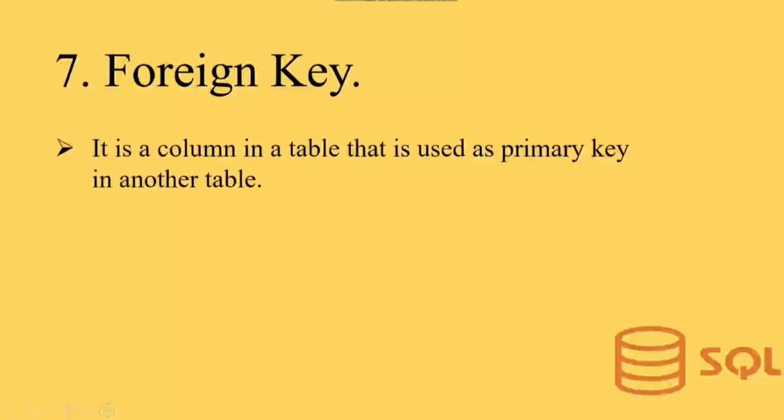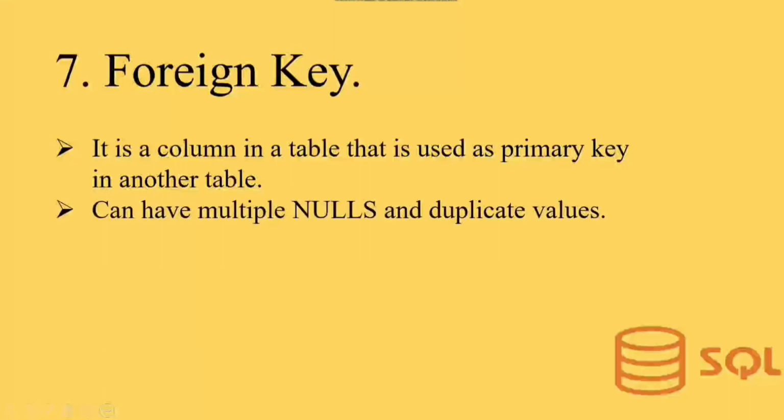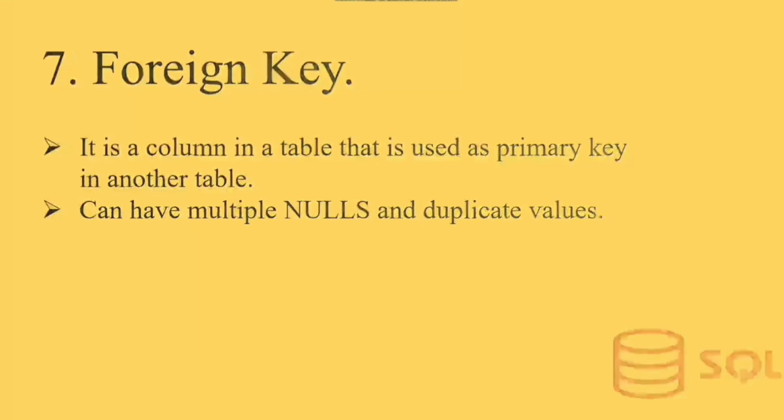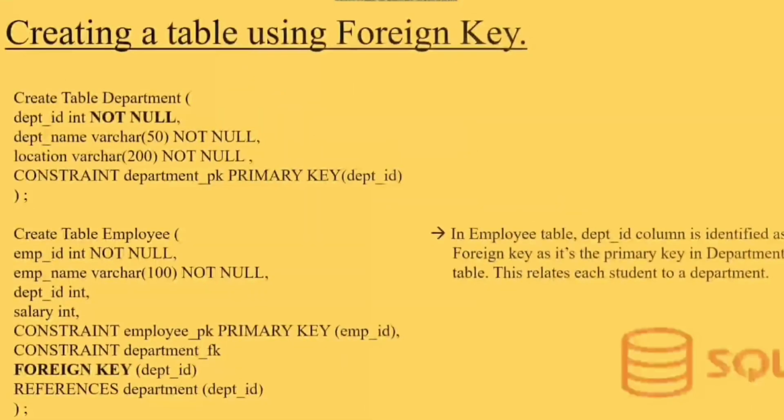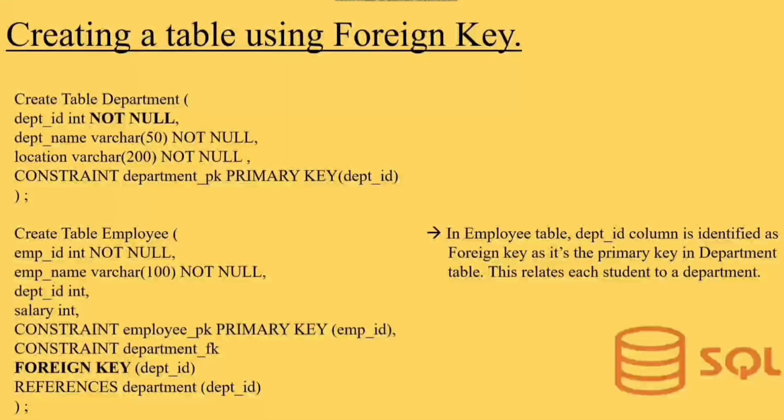Now let's see foreign key. It is a column in a table that is used as primary key in another table. So here we need two tables, and it can have multiple nulls and duplicate values. Here we will be creating two tables. One is department and one is employee. In the first table we have added one constraint named department underscore pk, and we have used department ID as primary key.